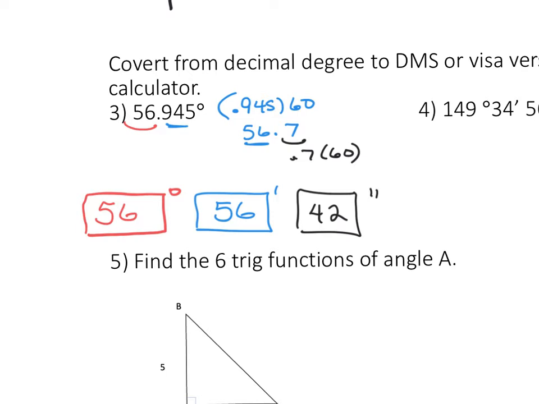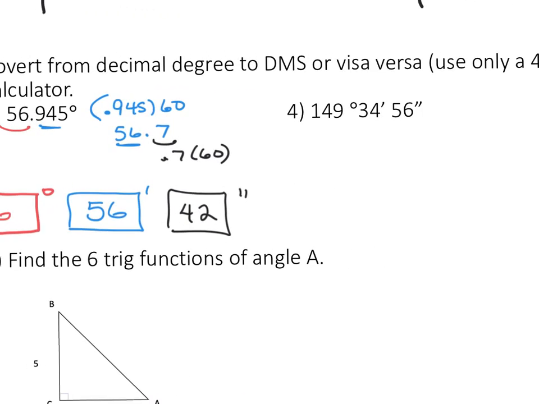Then when we go the other way, from degrees, minutes, and seconds to a decimal degree, we're dividing by 60 and 3,600. So the minutes get divided by 60, and the seconds get divided by 3,600. So what you can do is the 149, those are going to be your degrees.